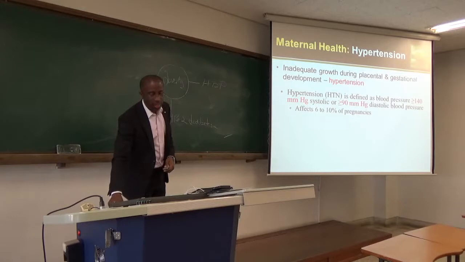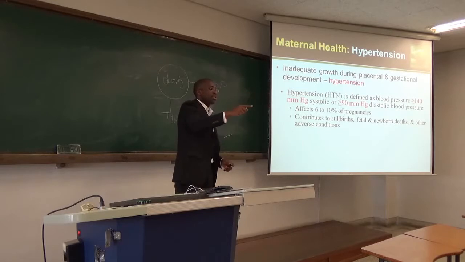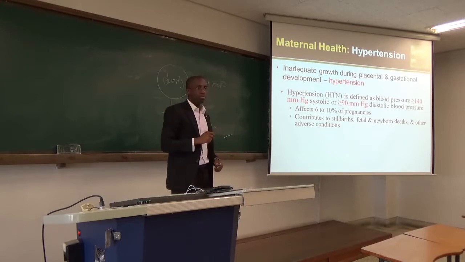So here, what did I put? These affect 6 to 10% of pregnancies. This is a big number. It means that if I count 10 ladies at the hospital who all came to see a doctor, one of them has a problem. This is not a joke. So if a woman comes out of the hospital healthy with a baby, it's really a miracle.